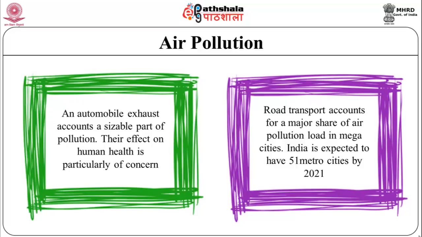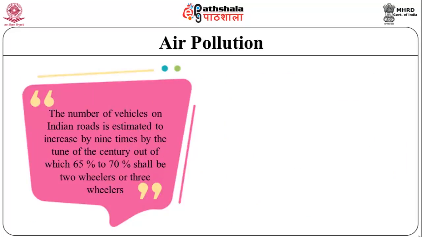India is expected to have 51 metro cities by 2021. The number of vehicles on Indian roads is estimated to increase by 9 times by the turn of the century, out of which 65% to 70% shall be two-wheelers or three-wheelers.